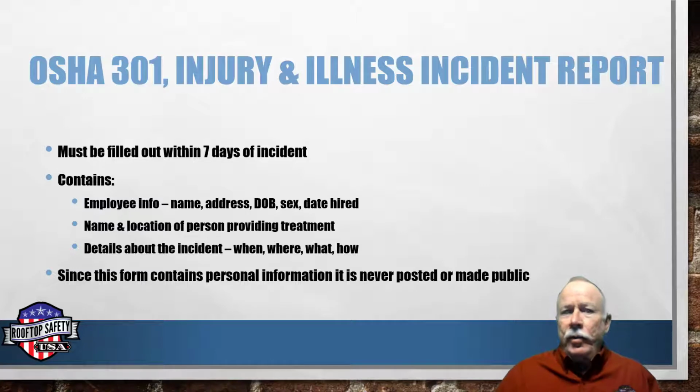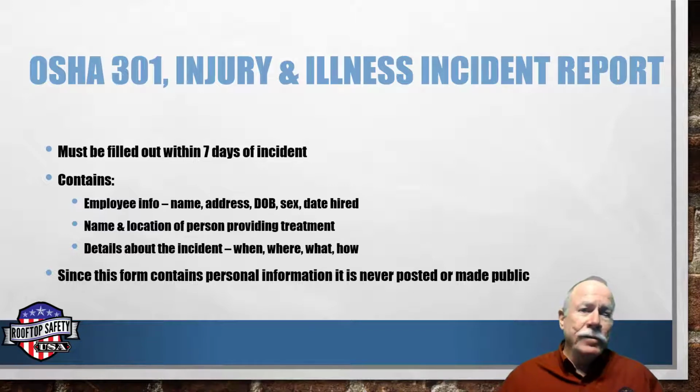So the OSHA 301 Injury and Illness Incident Report is an actual report of the incident. It includes the employee's name, date of birth, when they were hired. It includes information about any persons involved in the treatment of the employee, and it also contains details about the incident, the when, where, what, and how of the incident.